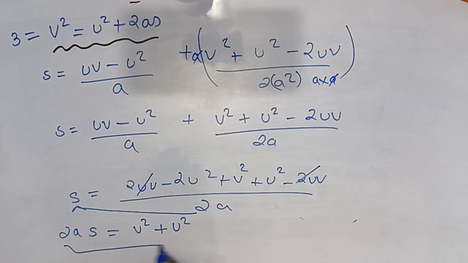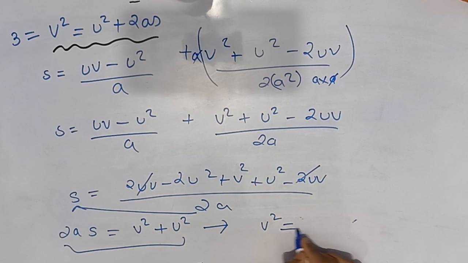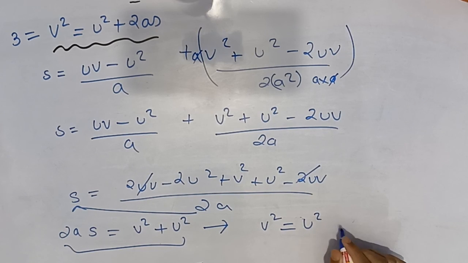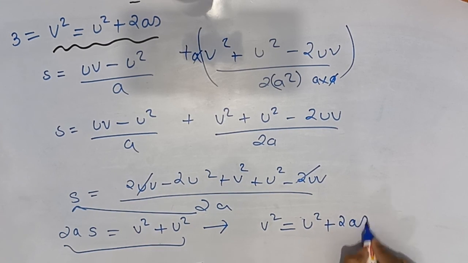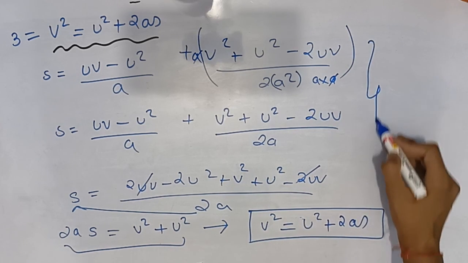We will rearrange this and write v² = u² + 2as. So this is our third equation of motion, and this is the derivation of our third equation of motion.